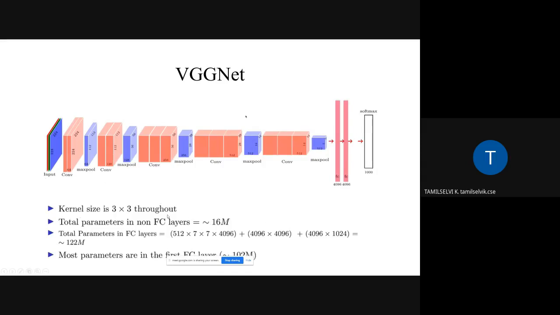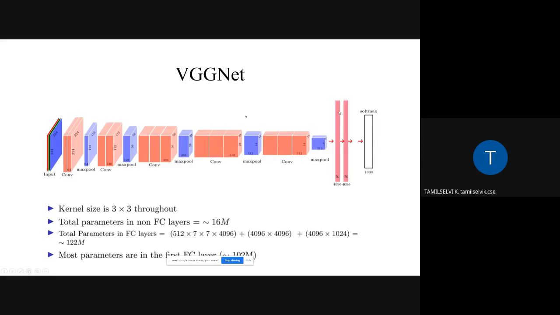The total number of parameters in the non-fully connected layers is 16 million. These are the non-fully connected layers and these are the fully connected layers. The final output of this is 512 cross 7 cross 7, that is, 7 cross 7 into 512.